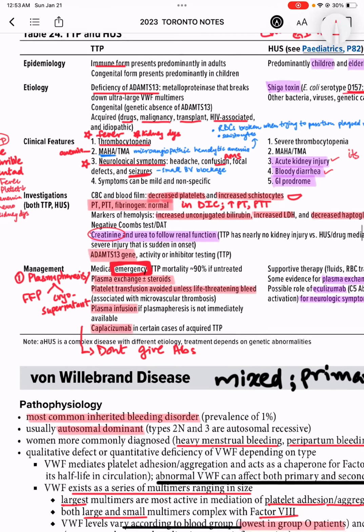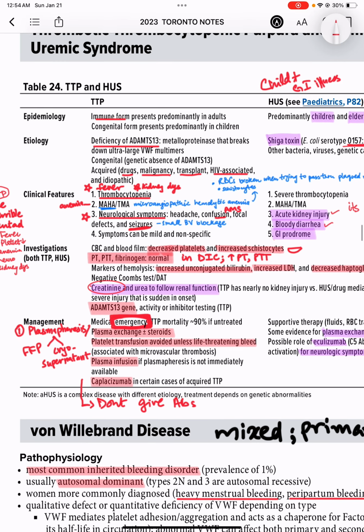So this is the difference between DIC and TTP, that in TTP, PT and PTT levels would be normal, not prolonged. And in DIC, PT and PTT would be prolonged. Otherwise, just like in DIC, over here thrombosis is happening, and platelets are also being decreased. But over there in DIC, clotting factors are also being decreased.